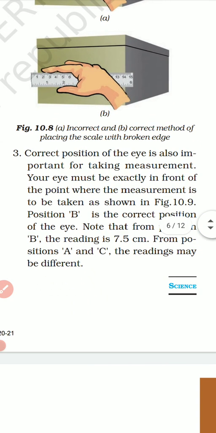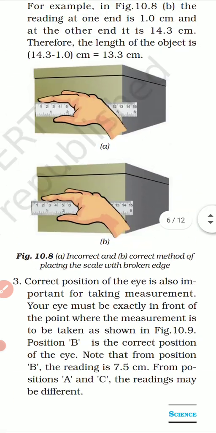Correct position of the eye is also important for taking the measurement. Your eye must be exactly in front of the point where the measurement is to be taken, right? So this is the incorrect position. A is the incorrect position.